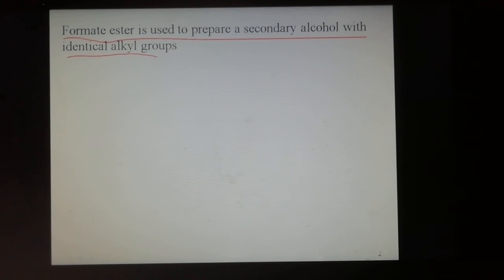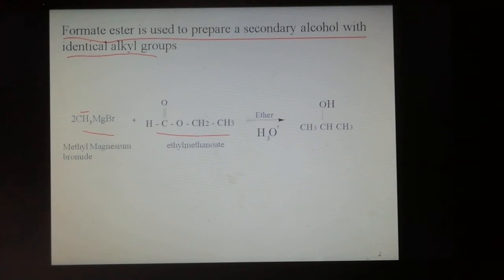So the equation for this reaction: methyl magnesium bromide is the Grignard reagent, and the methyl group is the nucleophile. It reacts with the formate ester, ethyl methanoate, in the presence of ether, followed by acid hydrolysis to form alcohol with identical methyl groups.